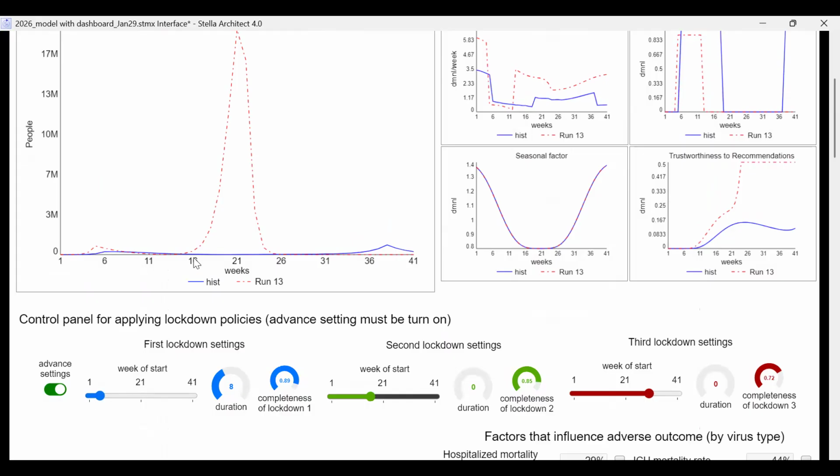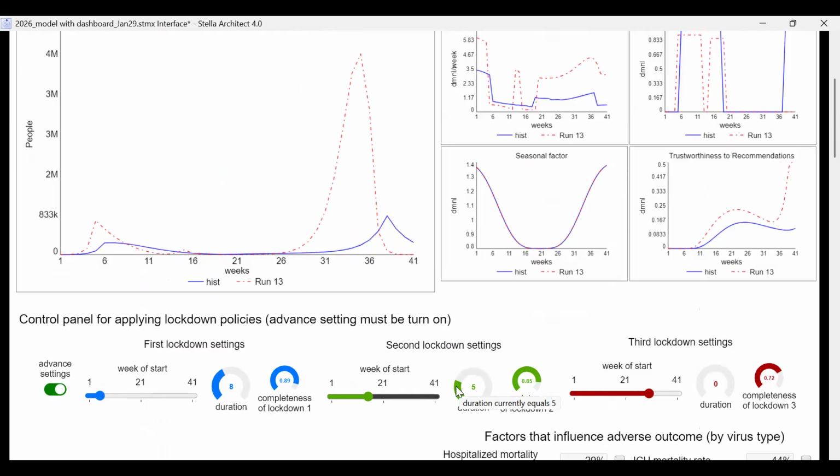Now we have from 16th another lockdown. So let's put it from the start of 15th week, and let's make a duration of, currently it's 5. It more or less helps. And then we have another spike coming from week 26. Again, we'll probably start with 25 and make it duration of 4.